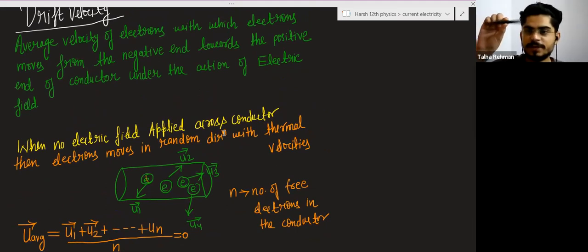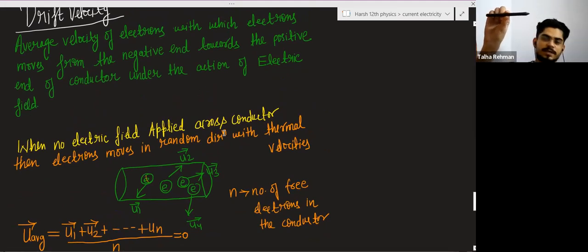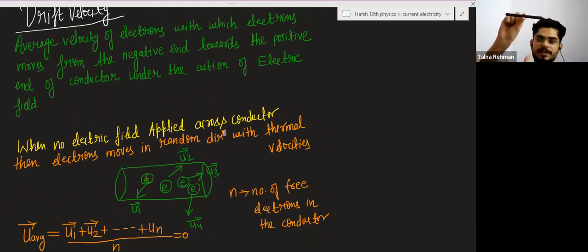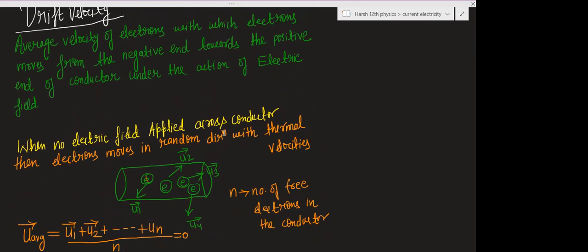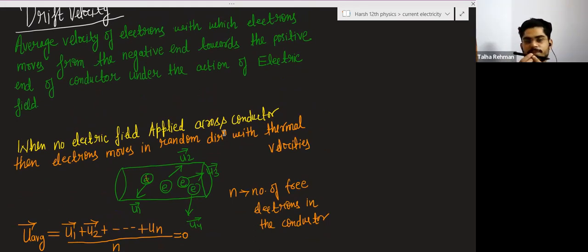Suppose this is the conductor we initially have, and this conductor is surrounded by air. I am sitting in a room, and the conductor is in this room, which has some temperature.